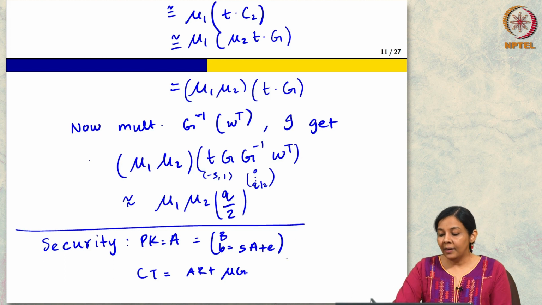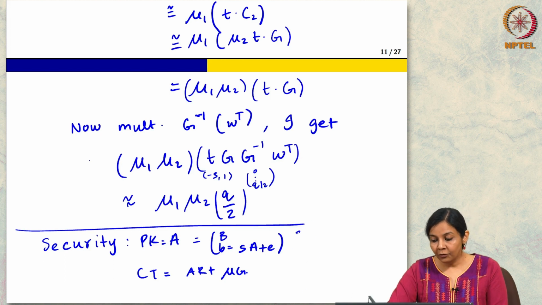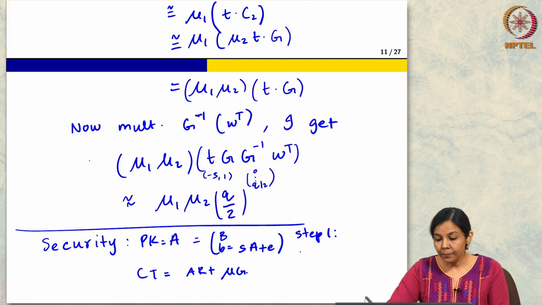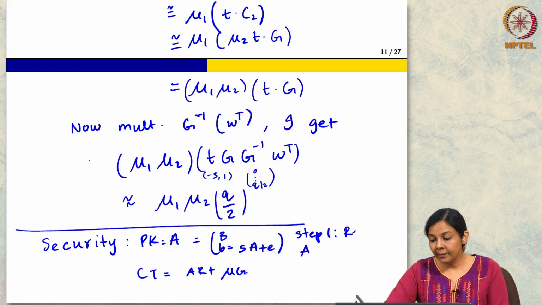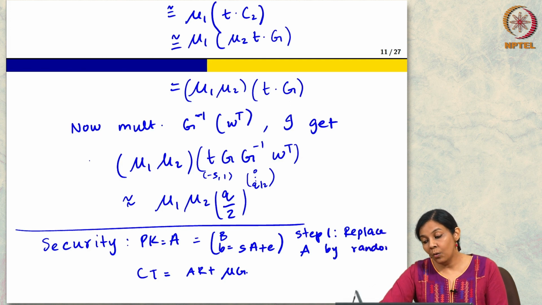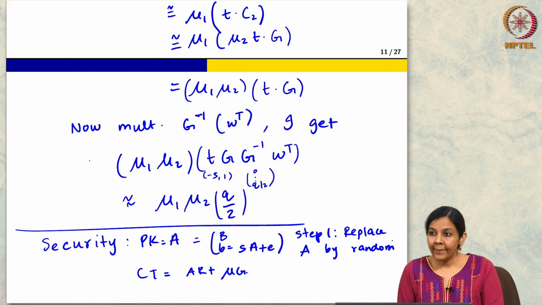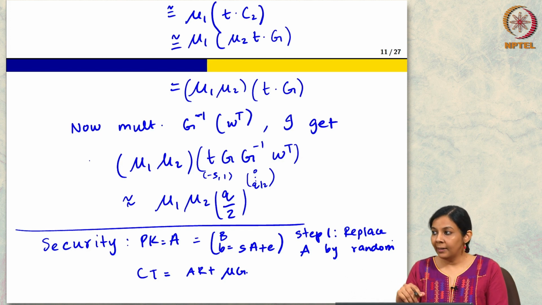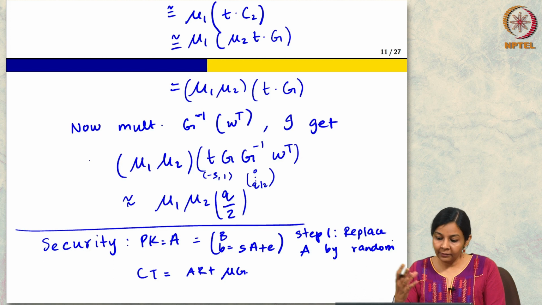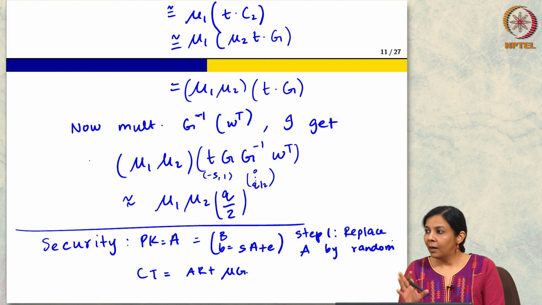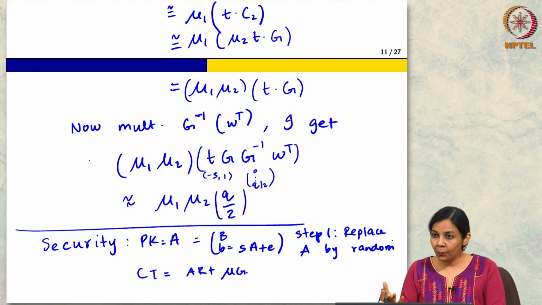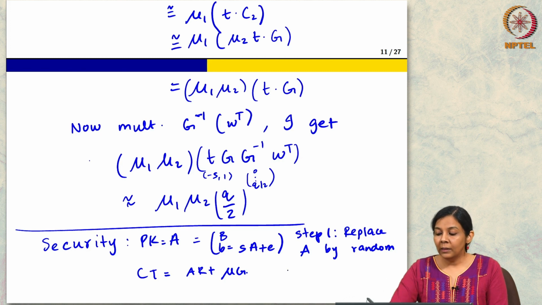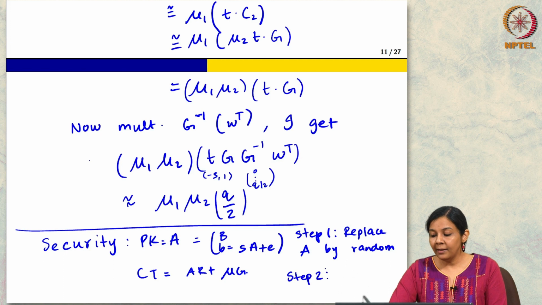So, there is a very simple security proof. In step 1, I replace A by random, and this will hold by LWE. This is again like the argument we did yesterday. The ciphertext is a function of the public key, so if I change the public key, I can still generate the ciphertext. So, no problem. I replaced A by random, and now my public key is completely random.